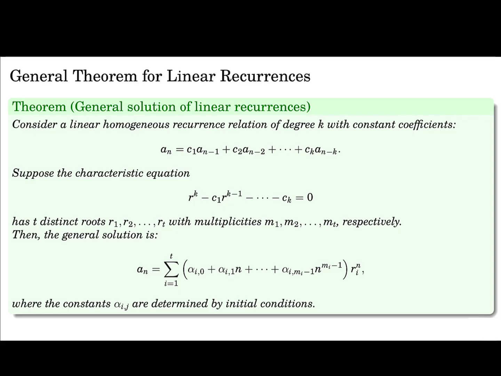So the idea is that if a root appears more than once, then it contributes a polynomial in n times r to the n. So in other words, the multiplicity tells us the degree of the polynomial that appears in front. The constants are then determined by the initial conditions, and so you're just going to have to solve a big linear system. And this is exactly what we saw in the repeated root example before, where we had to solve a linear system for that.